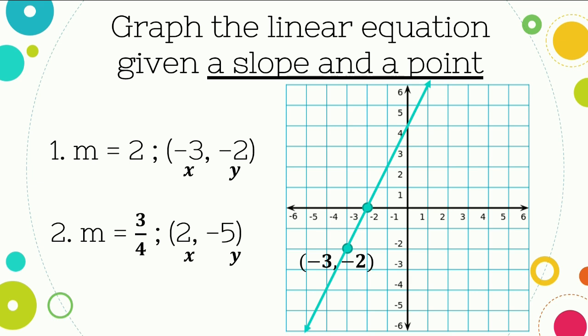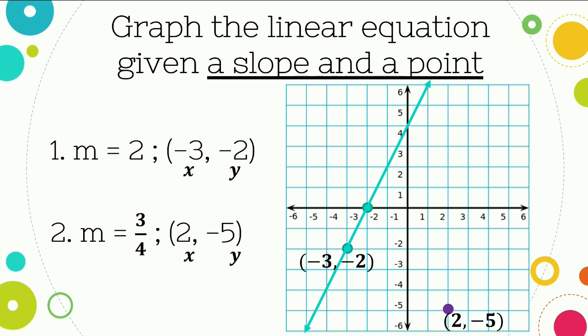Let us have another example. Our slope is positive 3/4 and a point given coordinates 2, negative 5. So, ang x natin ay 2, ang y ay negative 5. So, nandito siya. And then, do not forget to label the point.